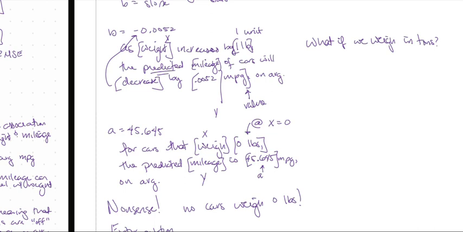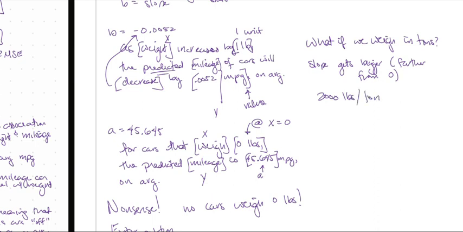The slope gets bigger, in this case farther from 0. And in fact, we can just take our slope and multiply it by 2,000, because there are 2,000 pounds per ton.